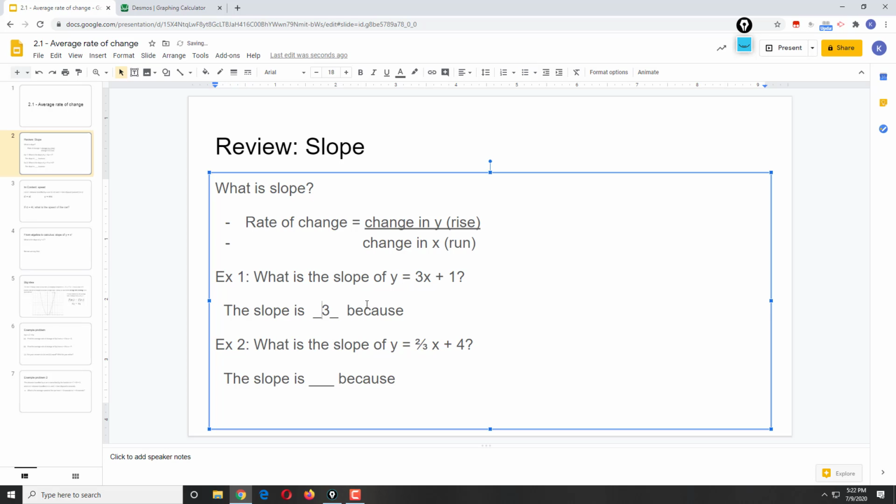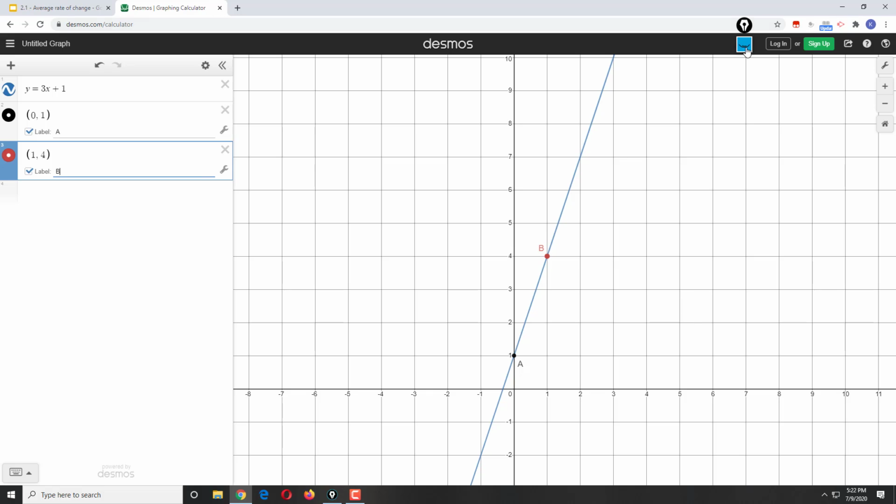Let's answer the question. The slope is 3 because when x increases by 1, y increases by 3. It's telling us how fast y is changing compared to x. Notice that it doesn't matter what points we choose. For example, we can choose 2 different points.